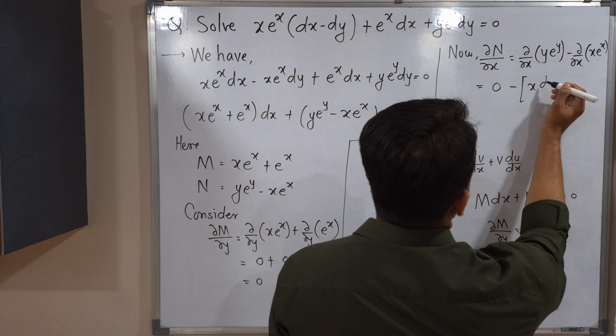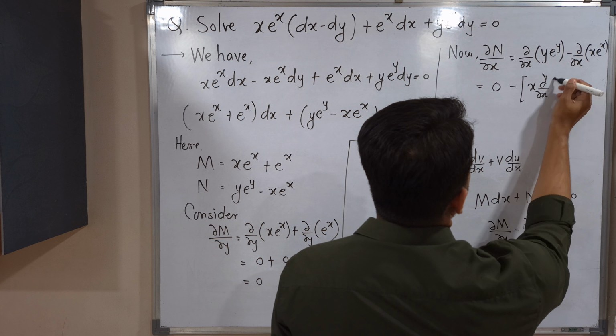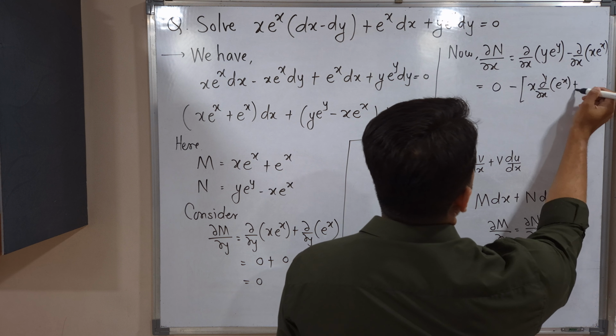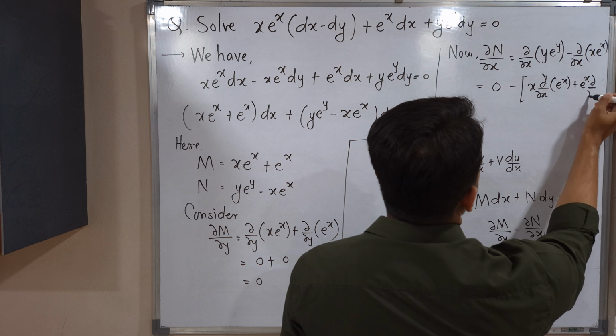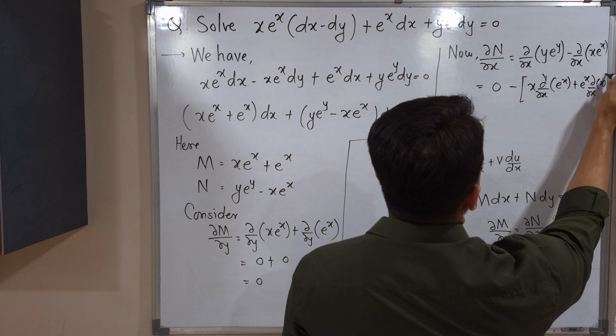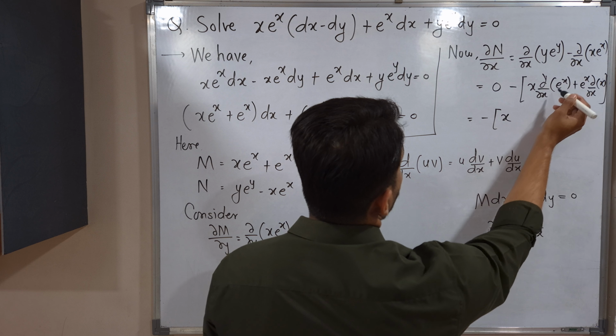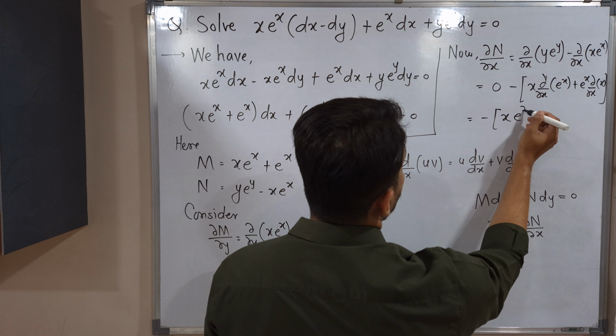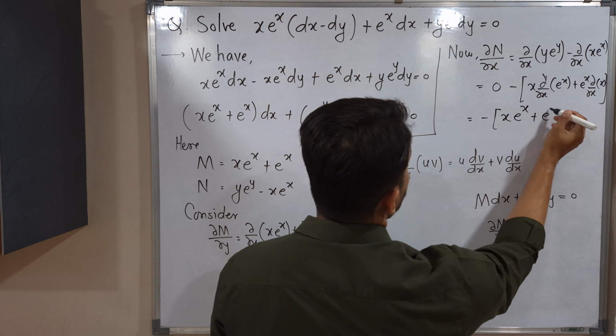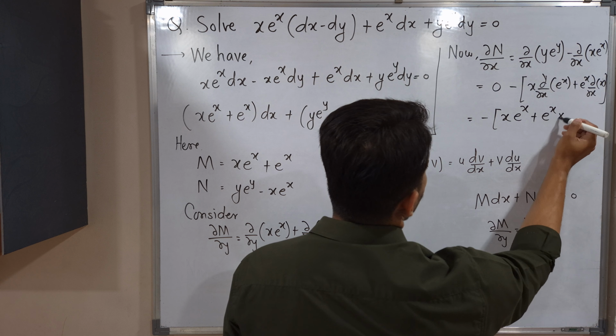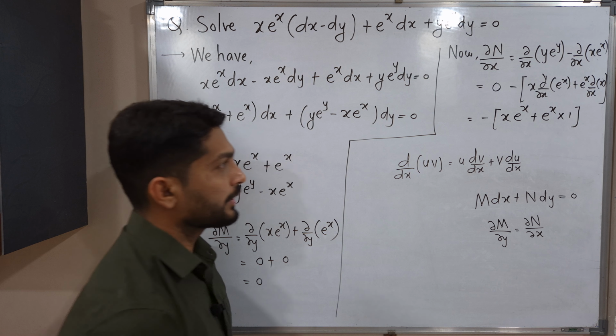I will do the same. x, derivative of e raised to x, plus e raised to x, derivative of x. So let me write here minus x. Derivative of e raised to x is e raised to x, plus e raised to x. Derivative of x is 1. Getting? Yes.